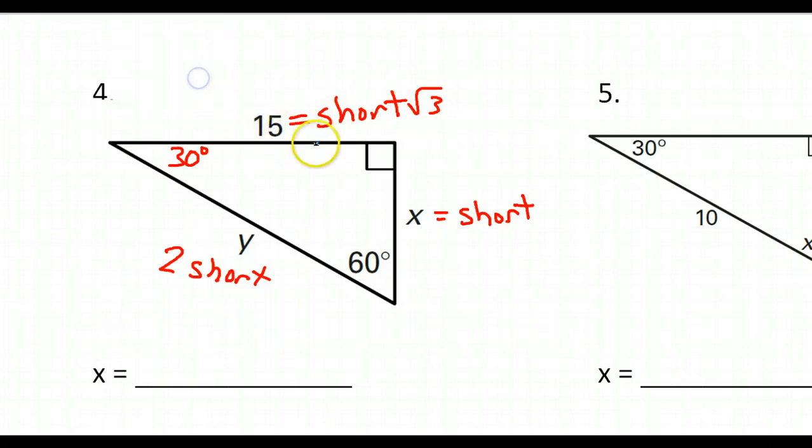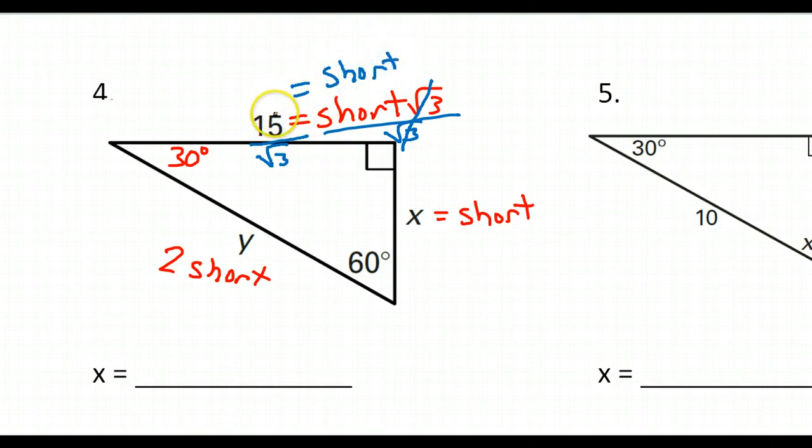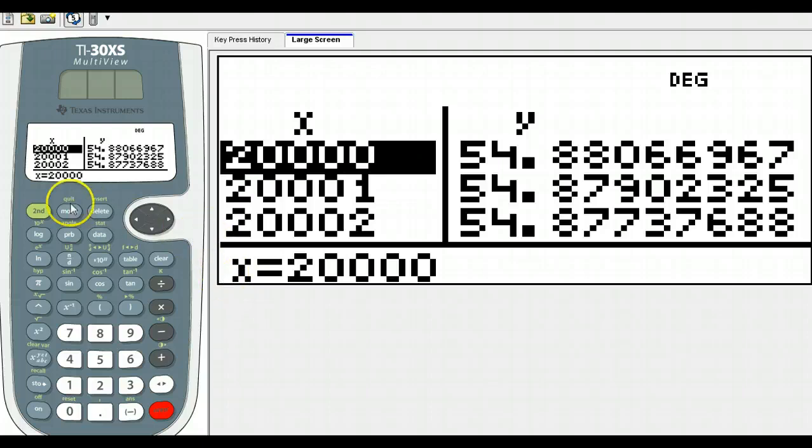If I go to solve this to find the short leg, I will have to divide both sides by radical 3, like this. That way these radical 3's will cancel out, and that's going to give me the short leg. So the short leg equals 15 over radical 3, which I can put in my handy dandy calculator.